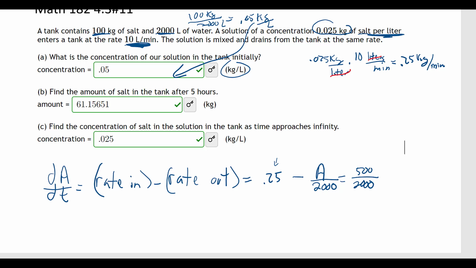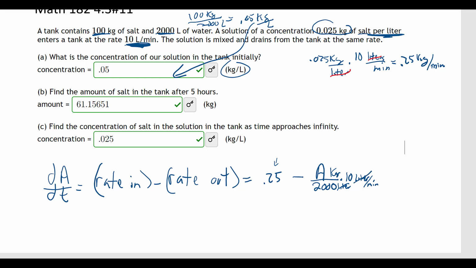Oh, I missed one step. Sorry about that. I mentioned it but didn't write it down. It's flowing at 10 liters per minute, and this is A kilograms per 2,000 liters.